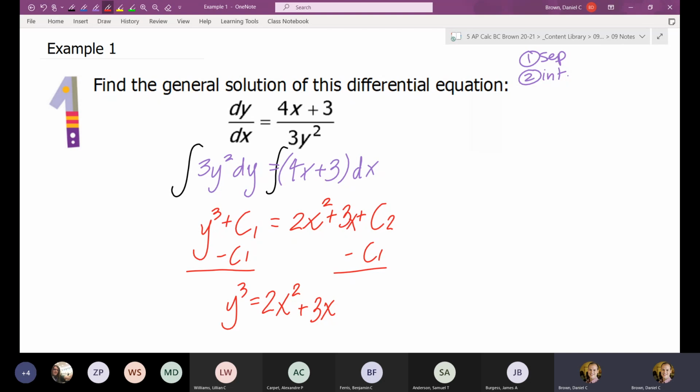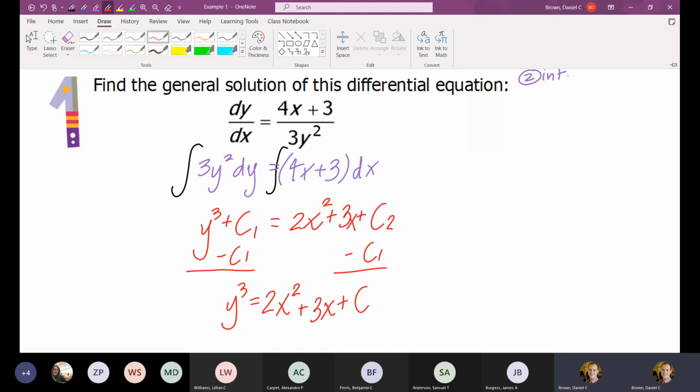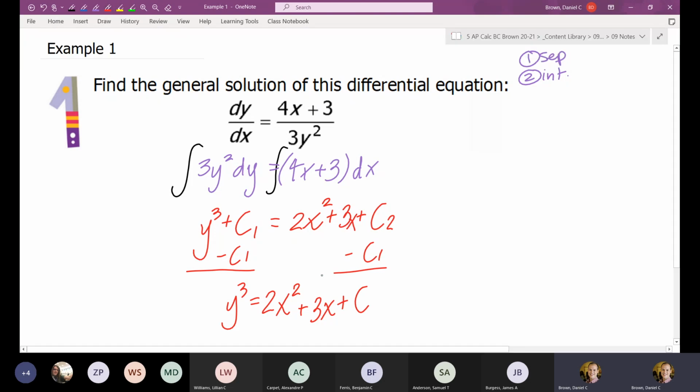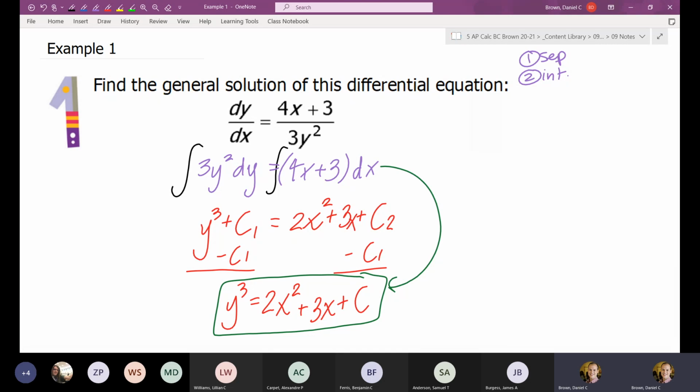Just another unknown constant. And I'm going to call that one the plus c. I show you that mainly to say this now. I will always jump straight to that step when I integrate. So we won't have to have those two plus c's. It just makes it overly complicated. So we only need one plus c.